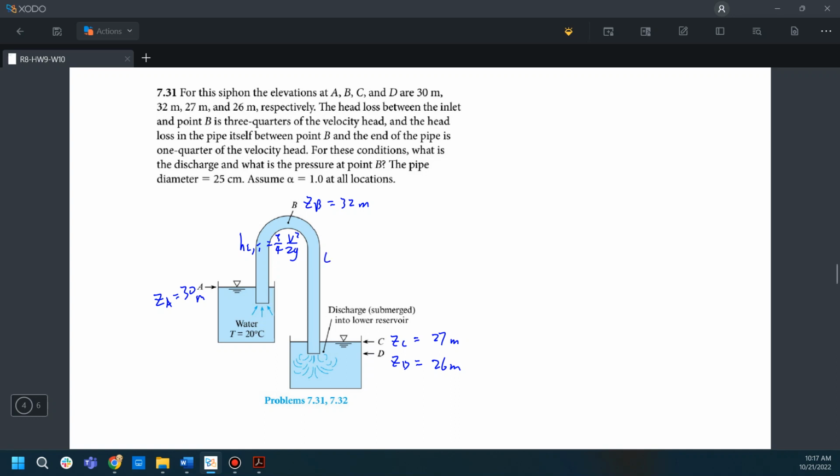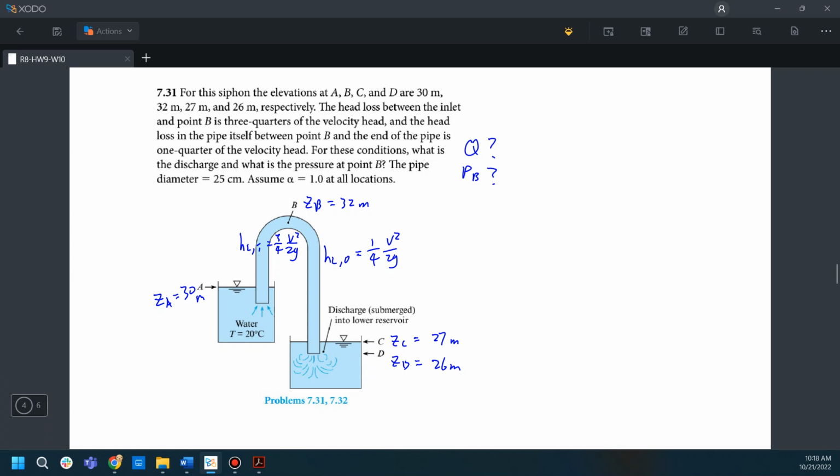So HL outlet is equal to 1/4 velocity head. And for this condition, what is the discharge and what is the pressure at point B? So we want to solve the discharge and the pressure at point B.